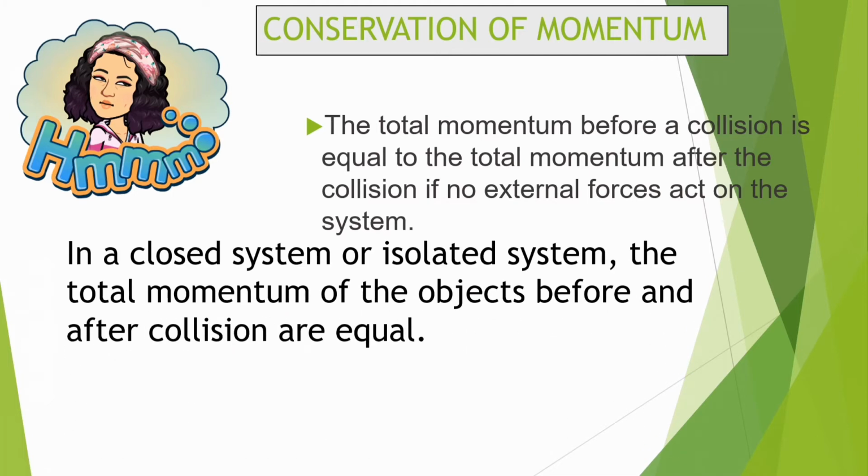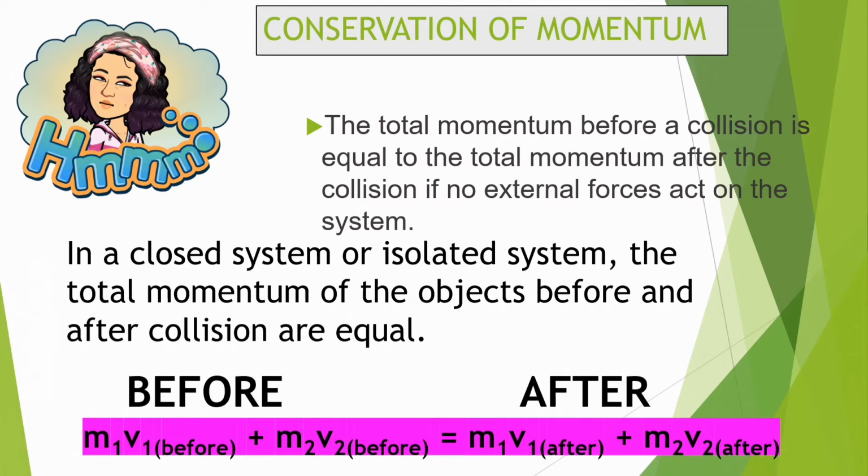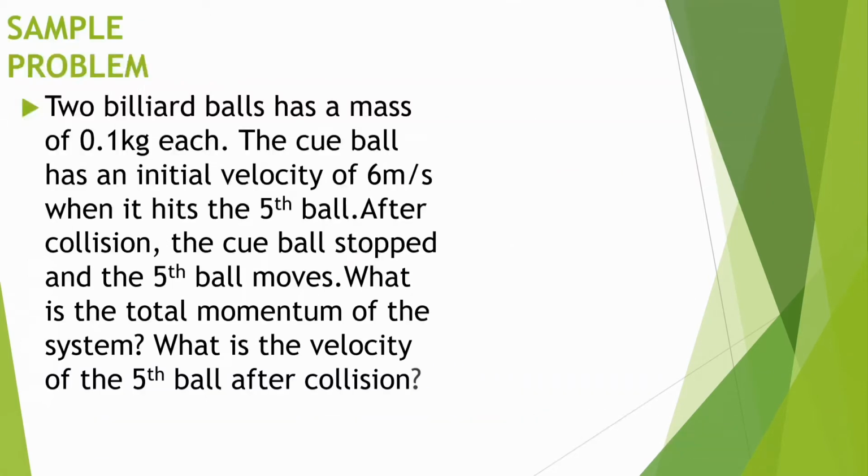And speaking of a closed system, in a closed or isolated system, the total momentum of the objects before and after collision are equal, and it can be explained mathematically by this equation. The mass and velocity of an object plus the mass and velocity of another object before collision is also equal to the mass and velocity of both objects after collision.